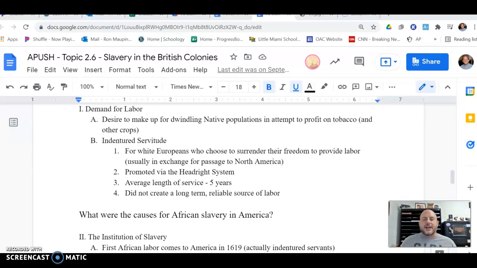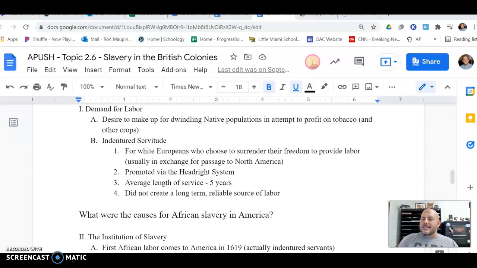These folks are going to get their freedom, and depending on the contract, they might be getting something like corn and maybe bolts of cloth or whatever, but typically are not going to be getting land as a result, and are going to be upset when they do not have access to land. The basic gist of it is that white Europeans had a tradition of enjoying rights, even when as indentured servants, still had a sense of rights that they were entitled to.